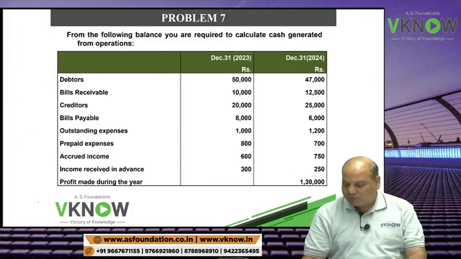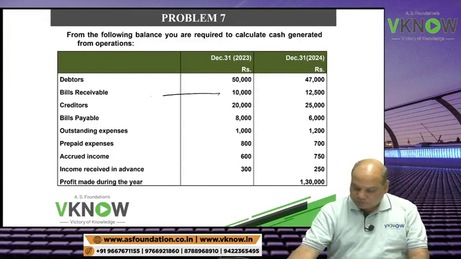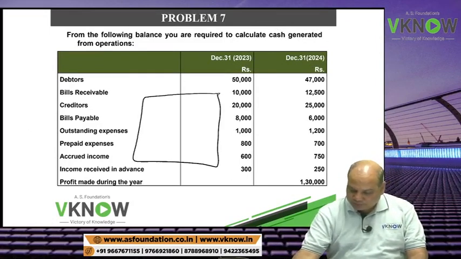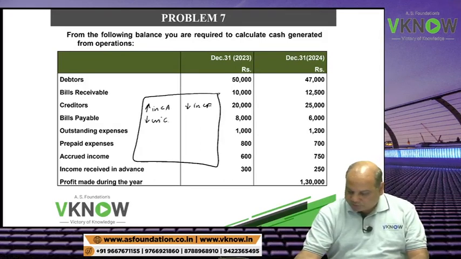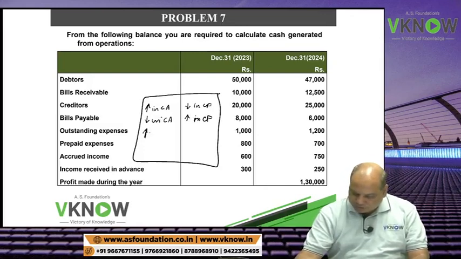Do you remember 4 things? Which 4 things you have to remember? Increase in current asset, decrease in cash flow. Decrease in current asset, increase in cash flow. Increase in current liability, increase in cash flow.